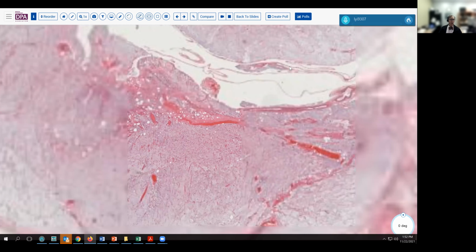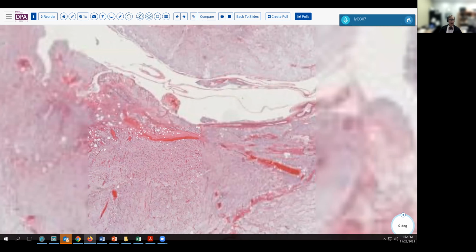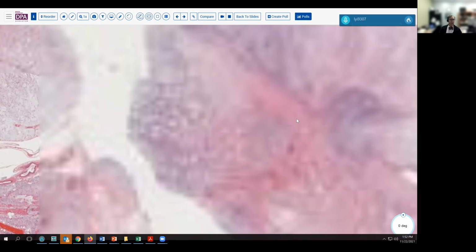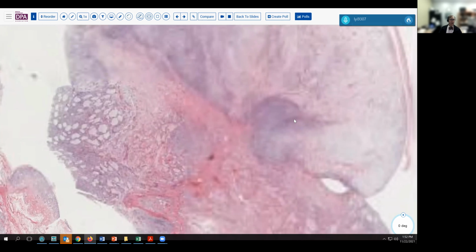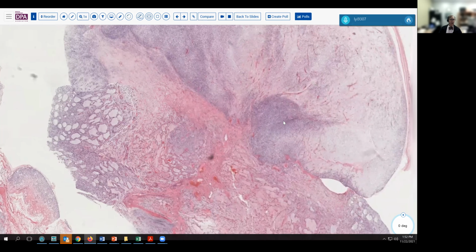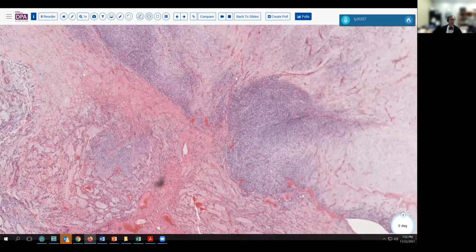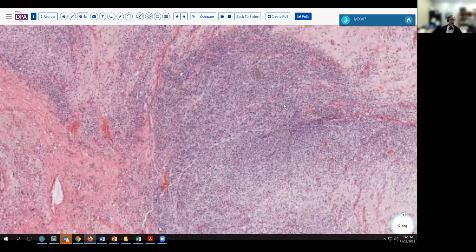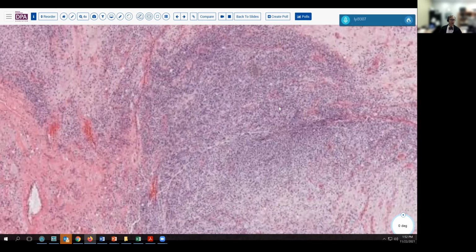What do we do with the more cellular areas? And we'll take a look at this on this slide here. As we come into focus. Oh, there we go. Now I see. As you see, we do have some very cellular areas. No fatty differentiation identifiable at low magnification or intermediate magnification here.